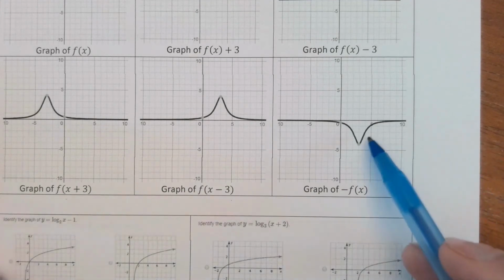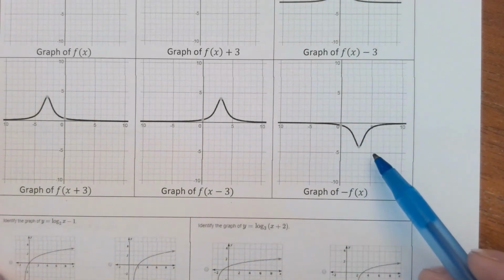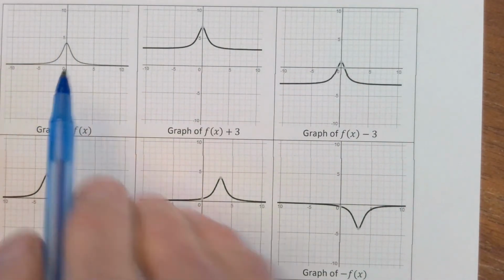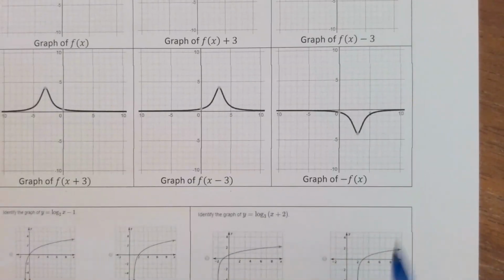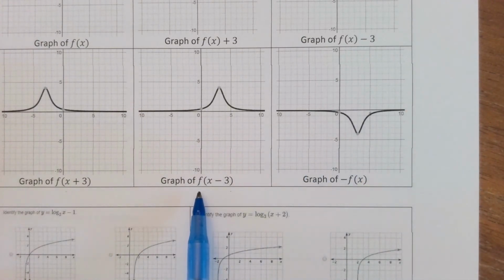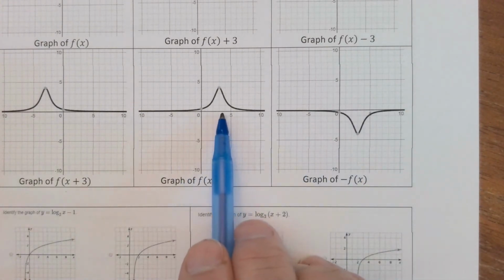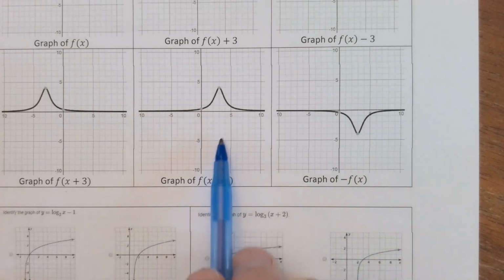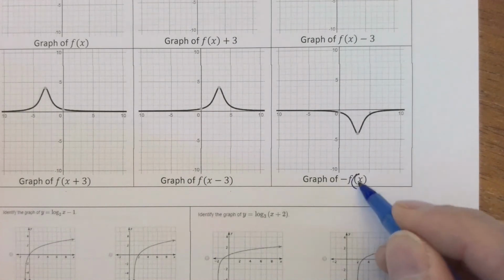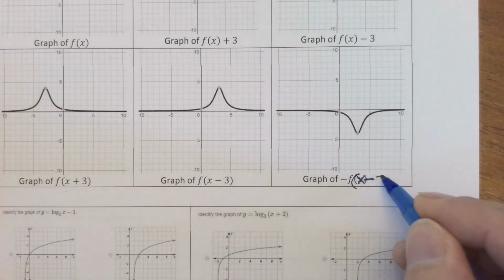Actually, I think I pulled the wrong image into here. I should have put this one reflected over the x-axis. So this is actually the negative of that one, because we have a translation to the right, and then we have a reflection over the x-axis, like that. So I'll correct that right now. That's x minus 3.